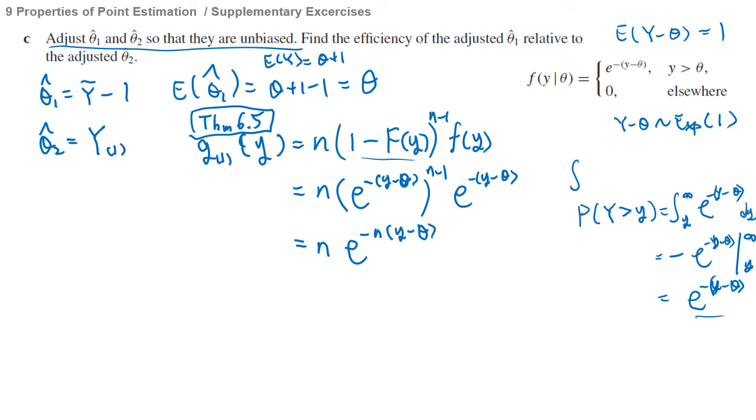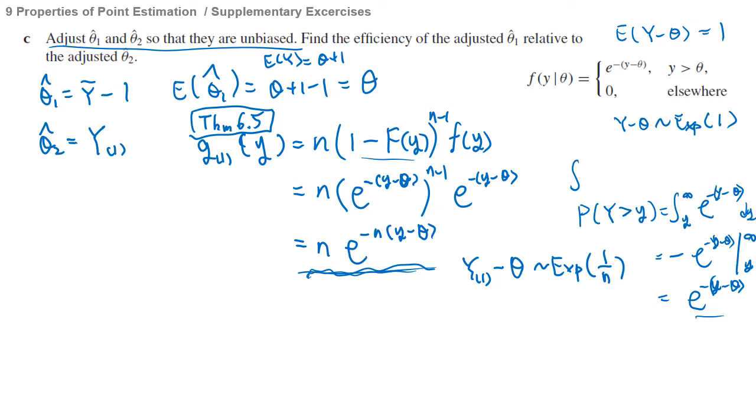And what's this density function? From here what we can see is that y1 minus zeta follows an exponential distribution with parameter 1 over n. So this is a shifted exponential distribution, with theta 1 over n.